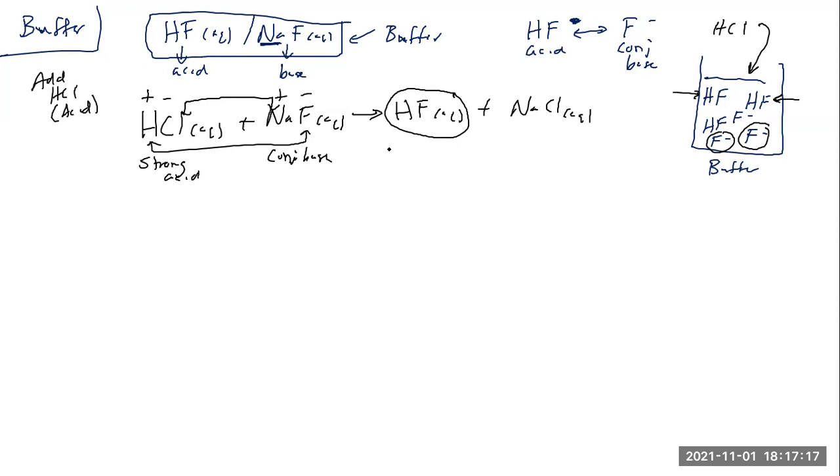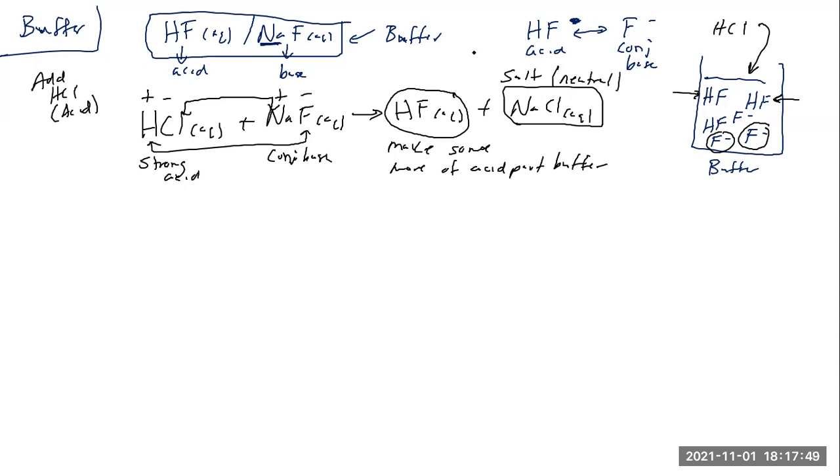We actually make some more of the acid part of the buffer, which clearly if the HF was there before and we made a little bit more of it, it's not going to mess up the pH. We also make this sodium chloride here. This is a salt, and this salt is one that came from a strong acid and a strong base, and really is what is referred to as a neutral salt, which means it has a pH of 7. It's not going to affect the pH.